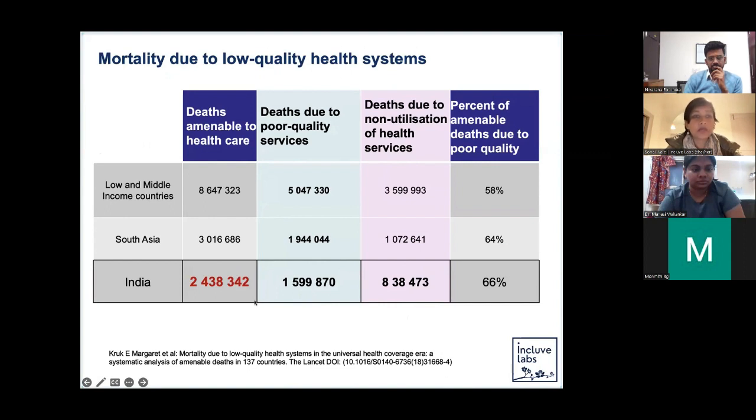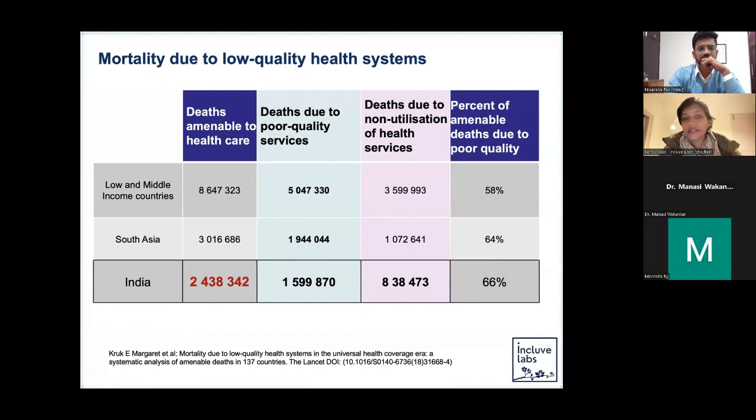And in my personal opinion, this is a gross underestimate because they're researchers, they have to be very precise. So they cannot overshoot the mark. So this is a very, very conservative estimate of the number of deaths due to poor quality and poor access. I would like to multiply it several times, right?